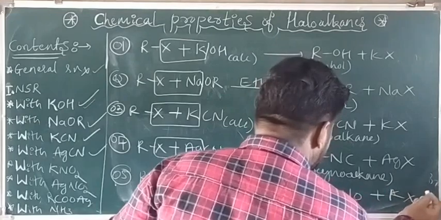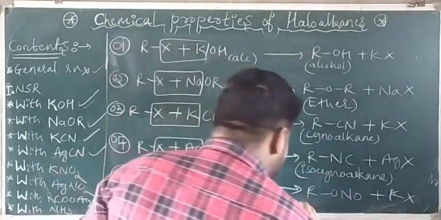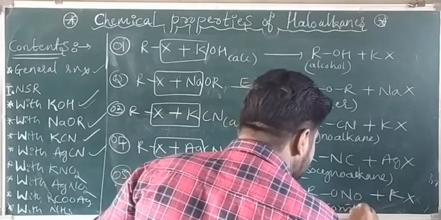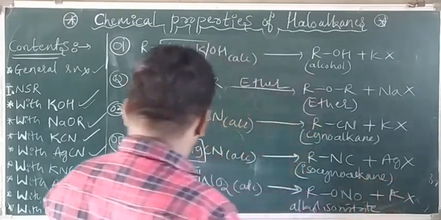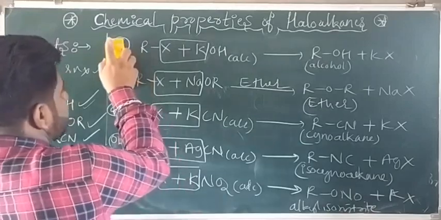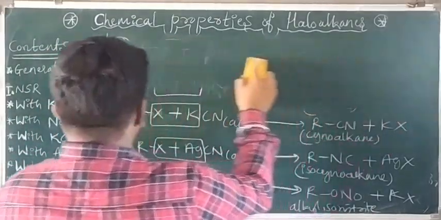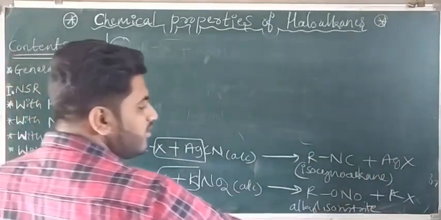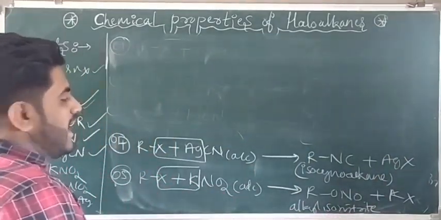This one is called alkyl nitrite. Fifth, when we treat haloalkanes with potassium nitrite, we got alkyl nitrite, nothing but RONO.